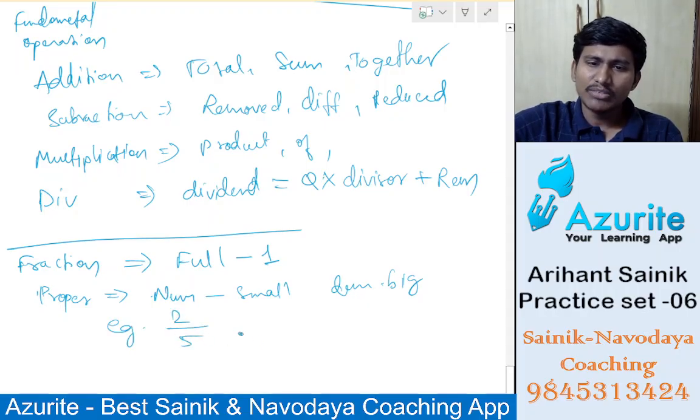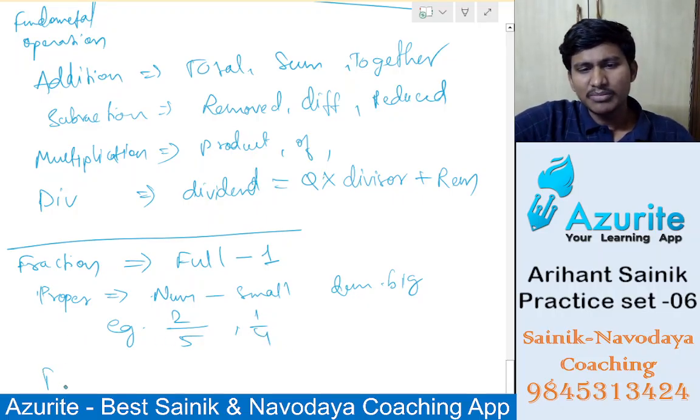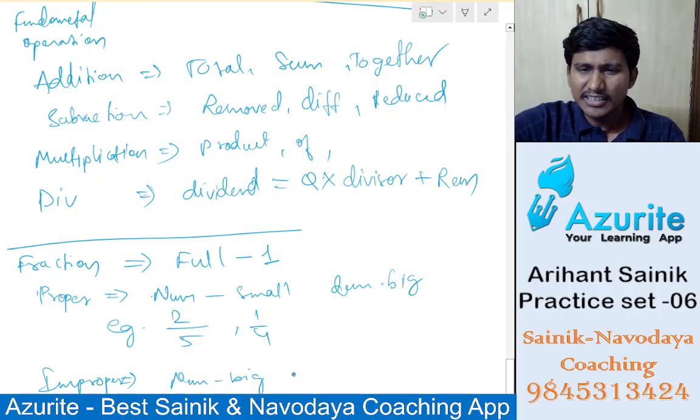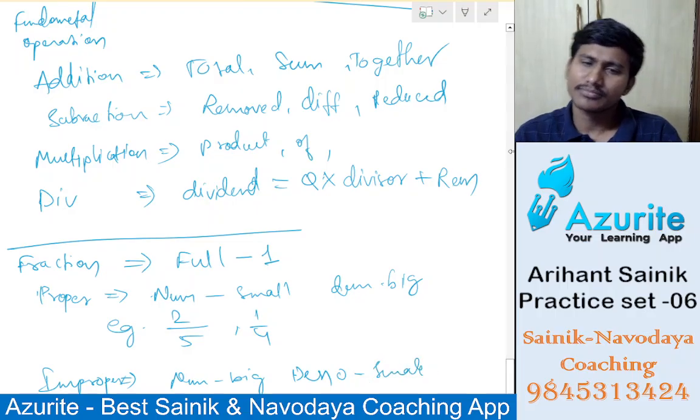Yes, 2 by 5, 1 by 4, those are all proper fractions. Improper means reverse. Numerator will be bigger and denominator will be smaller. Okay, more than whole.